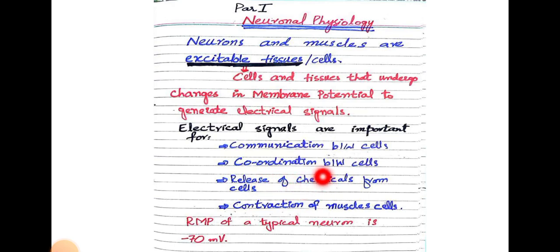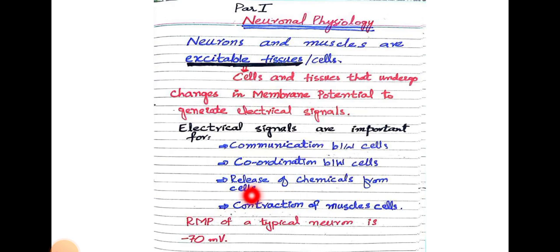For example, if a cell has to release a neurotransmitter or a hormone, there must be some sort of electrical signal that stimulates it to do so. Similarly, skeletal muscle cells contract and relax due to electrical signals. So a change in resting membrane potential is an electrical signal.